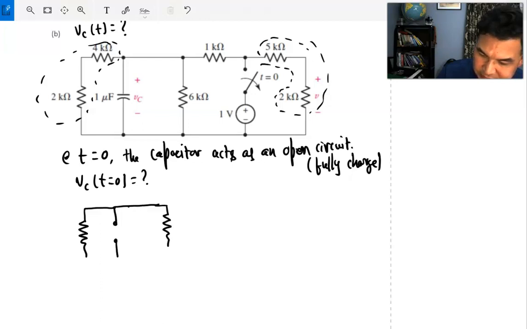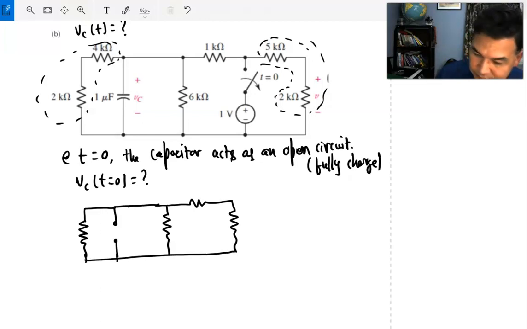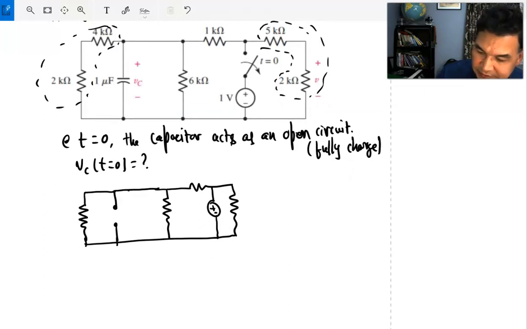So you have this, you have that, and you have the battery connected here. This is at t equal to 0, right before the switch is disconnected. We want to know the voltage across the capacitor. This is VC, because that's the initial condition we need to know.